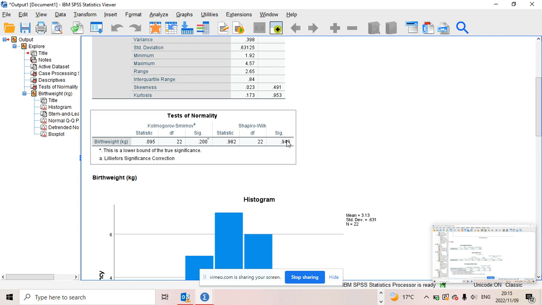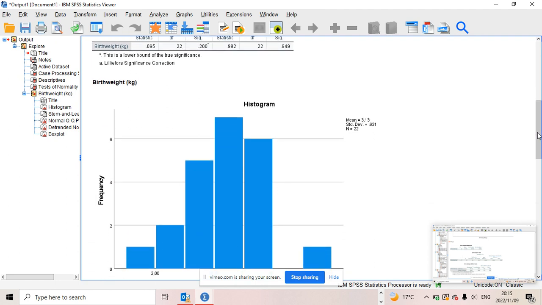If this significant value falls at 0.05 or less, then we can reject the null hypothesis, assuming the null hypothesis is that there is a normal distribution. In this case, it's more than 0.05, the significance level. So we cannot reject the null hypothesis. That means there is a normal distribution.